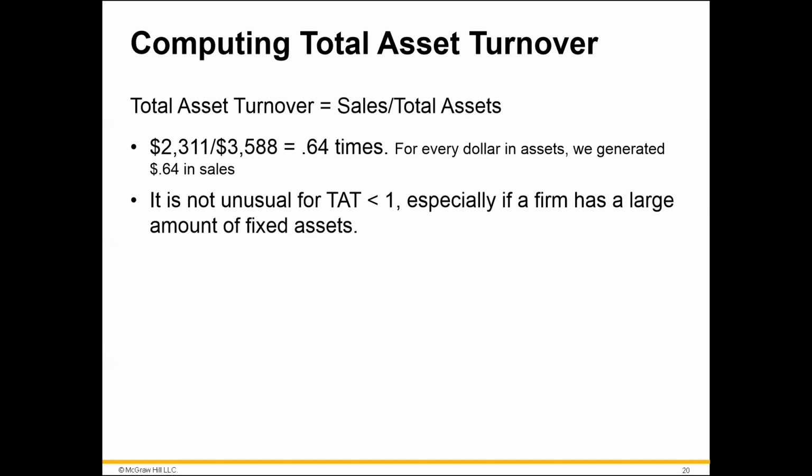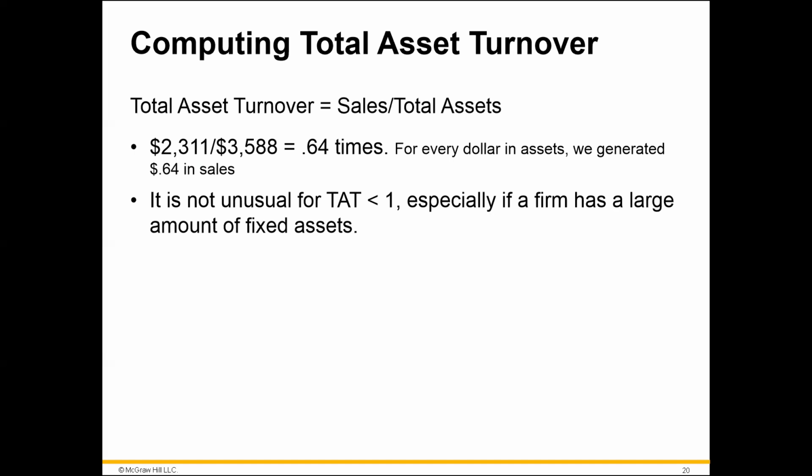For example, this ratio is 0.64 times, which means that for every dollar in assets, we generate 0.64 in sales, right?